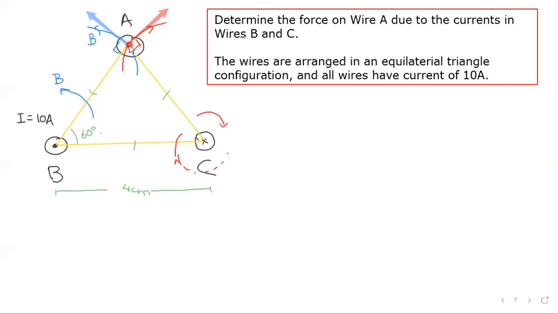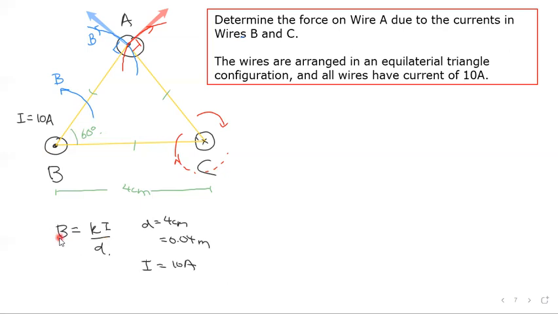So the magnetic field from a wire is k I over d. We're going to be examining at YA from B. We know the distance in all cases is 4 centimeters, which is 0.04 meters. We know the current in both cases is 10 amps. So that makes it a bit easier.